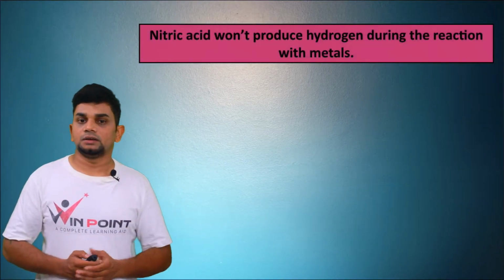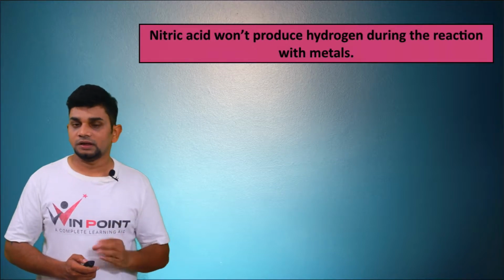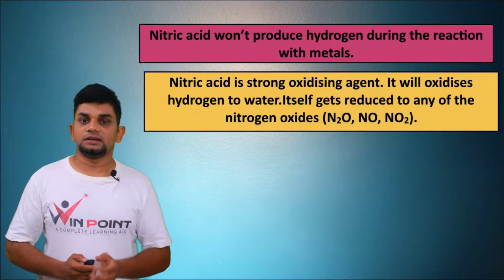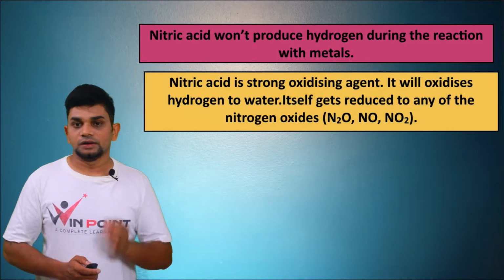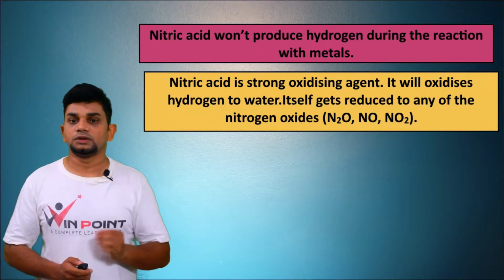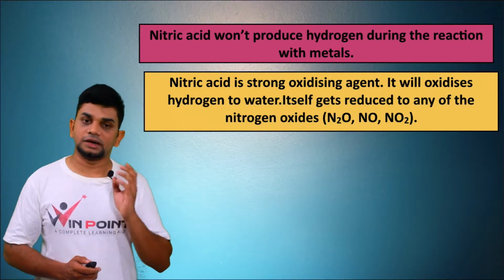Now we can write the explanation. Nitric acid won't produce hydrogen during the reaction with metals. The reason is nitric acid is a strong oxidizing agent. It oxidizes hydrogen to water, and itself gets reduced to nitrogen oxides: nitrous oxide, nitrogen monoxide, nitrogen dioxide.